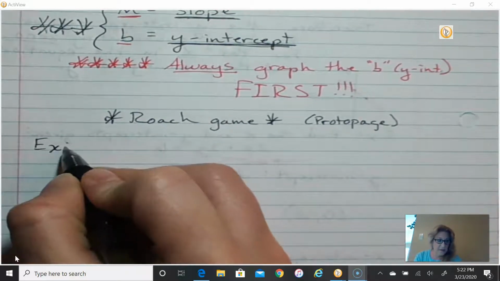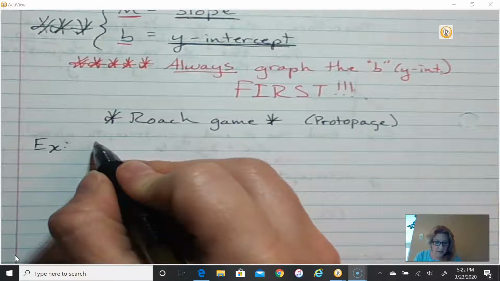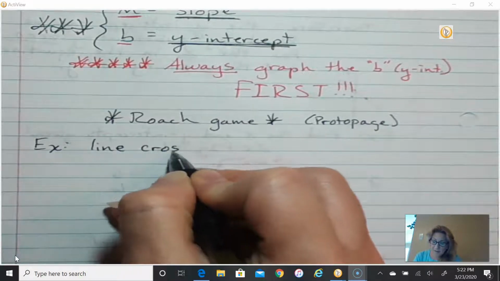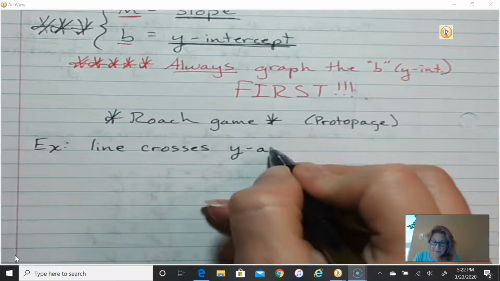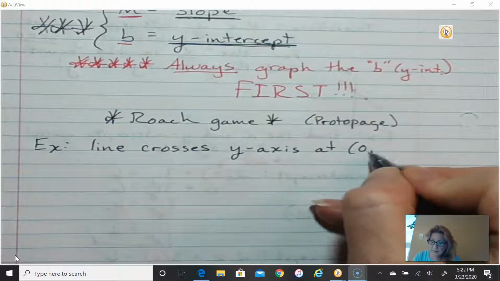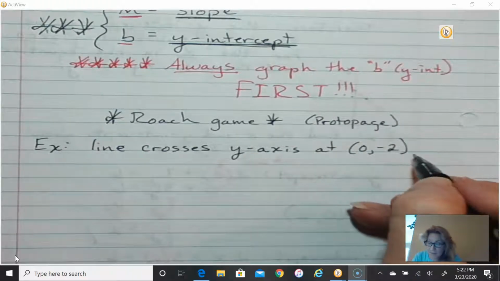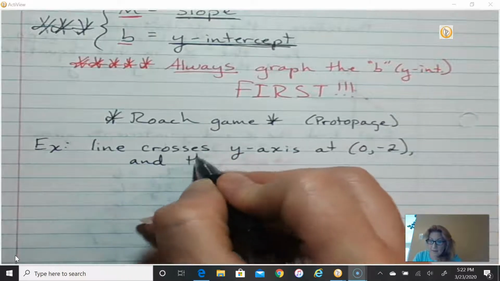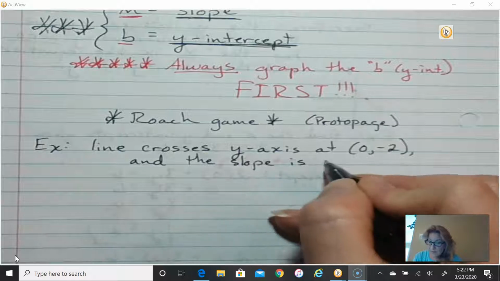Okay, let's go ahead and get started on the examples. Let's say you were given: the line crosses the y-axis at (0, -2). That's your y-intercept, by the way. And the slope is 4.